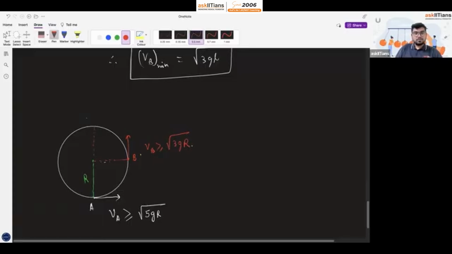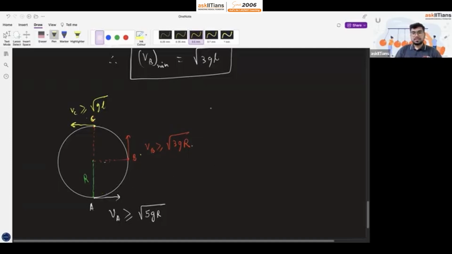And for point C, the direction is VC, and this has to be greater than or equal to under root gR. If these conditions hold, it can definitely perform a circle in the vertical plane.